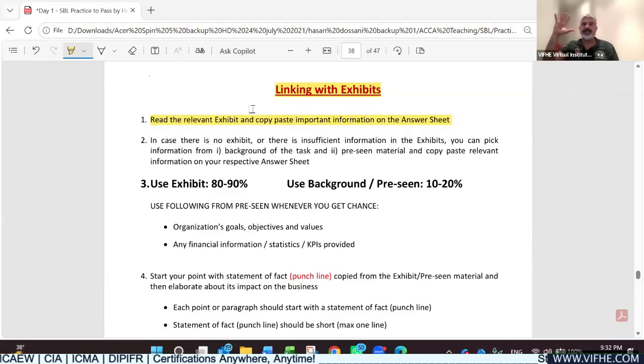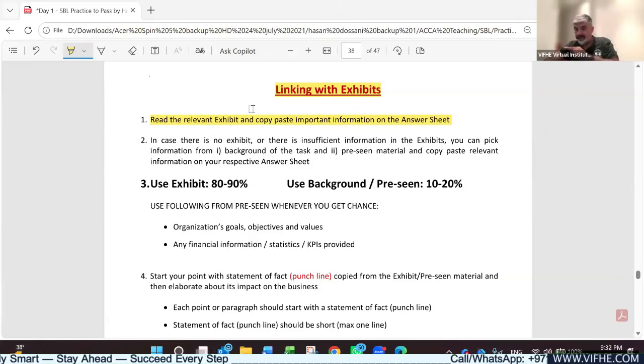We will always use the exhibits first. But supposing the exhibit is very small, there is a smaller number of points. So we will first use the exhibit, and then for the remaining points, we will use pre-seen.